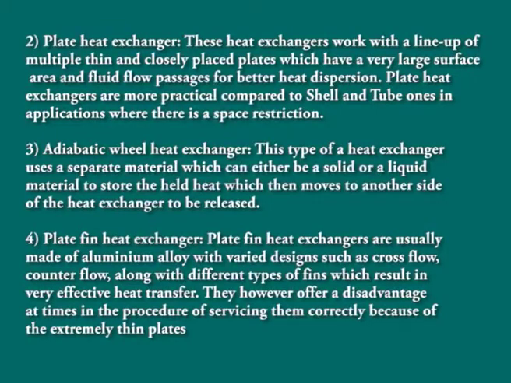Plate heat exchangers are more practical compared to shell and tube ones in applications where there is a space restriction. The third one is the adiabatic wheel heat exchanger. This type of exchanger uses a separate material, which can either be a solid or a liquid, to store the heat, which then moves to another side of the heat exchanger to be released.